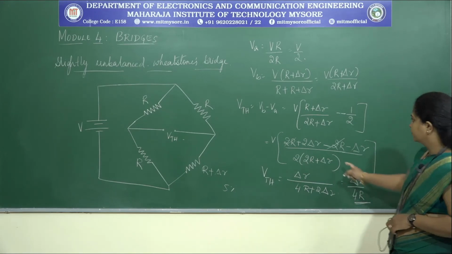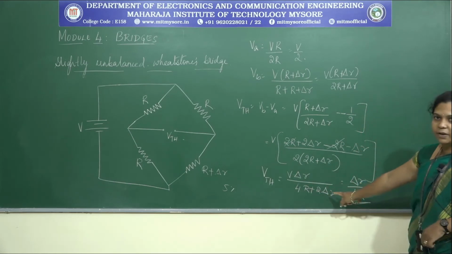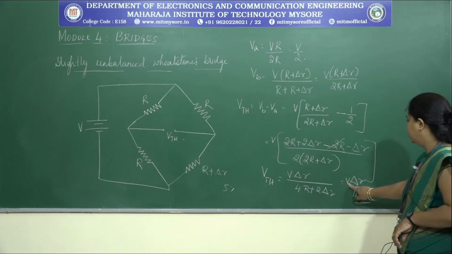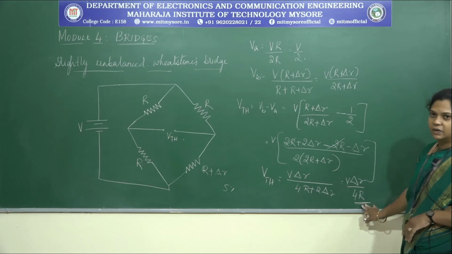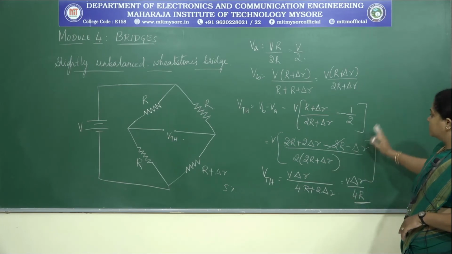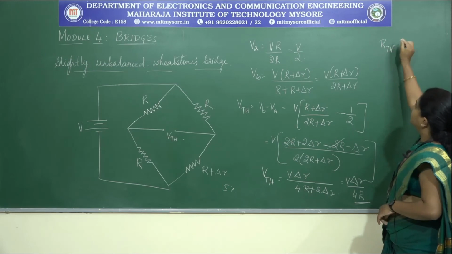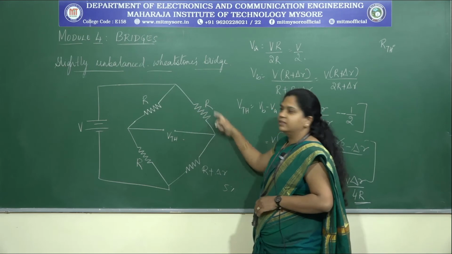Okay, so what about V? V into delta R divided by 4R plus 2 delta R. So here also, V into delta R divided by 4R. So this is the Thevenin's equivalent voltage. Now once we get the Thevenin's voltage, we have to find the R Thevenin also. R1 by R is in parallel with this.